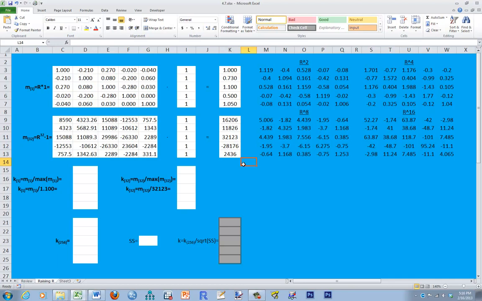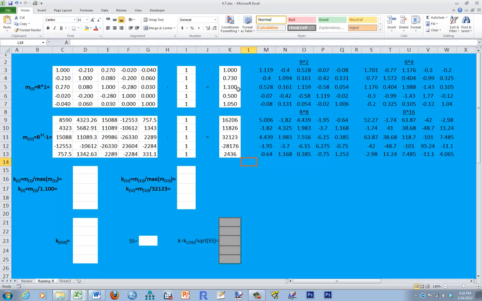So the next step is to normalize the row sums in such a way that the largest value in each vector will be set to 1 in order to make them comparable, that is M1 and M32, with one another. This is done by dividing each vector by its own maximum value to create comparable K vectors.